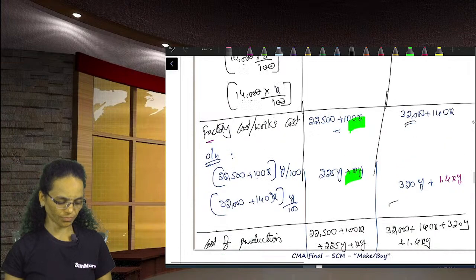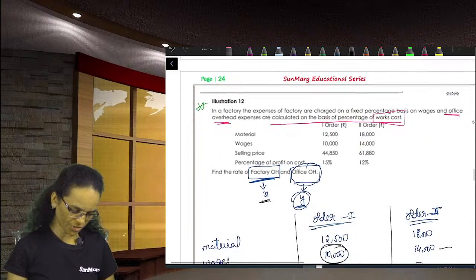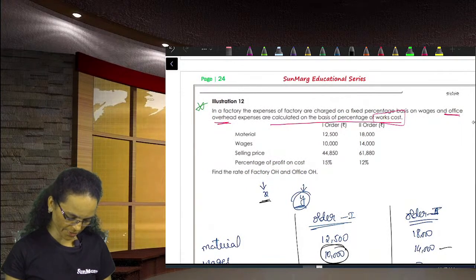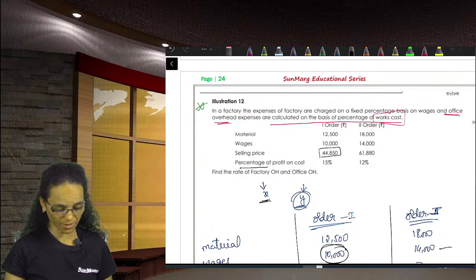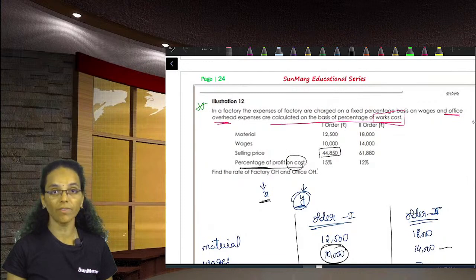Total cost. See, in the question, it is given selling price is this much and percentage of profit on cost is 15%.